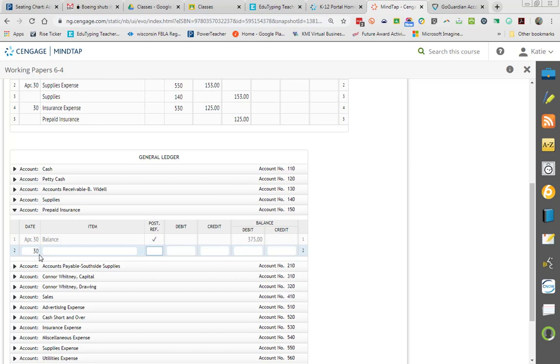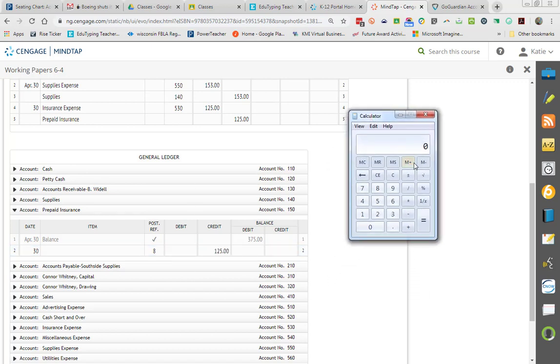My post reference is going to be 8 because we're posting from journal page 8. Prepaid insurance is being credited 125. When I use my calculator, my previous balance was 375. I now need to subtract 125, so my new balance will be 250 as a debit, because debit is bigger than credit.